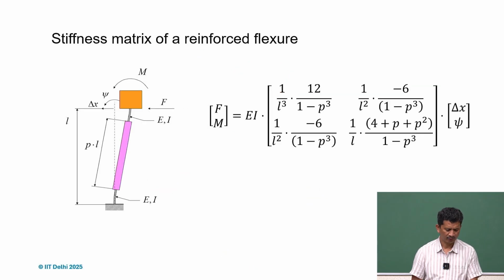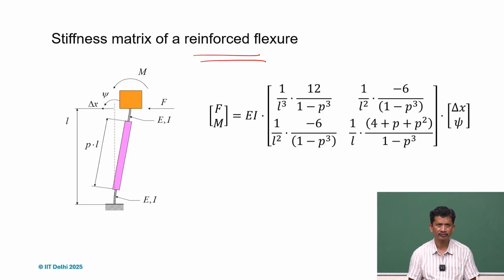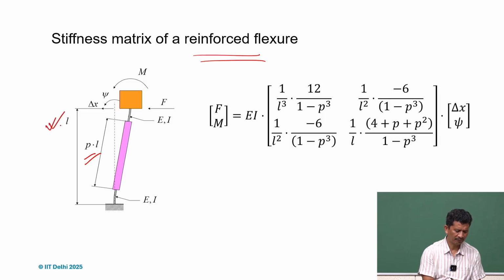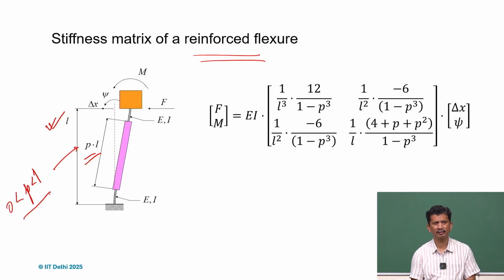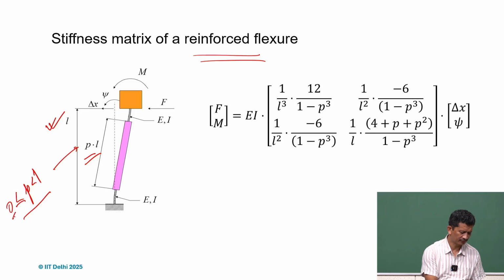So we take a generalized case, for reinforced flexures, a section with total length, and P is varying from 0 to 1. Of course, it cannot be close to 1, otherwise the entire thing will be rigid. 0, yes, of course, we can have 0.